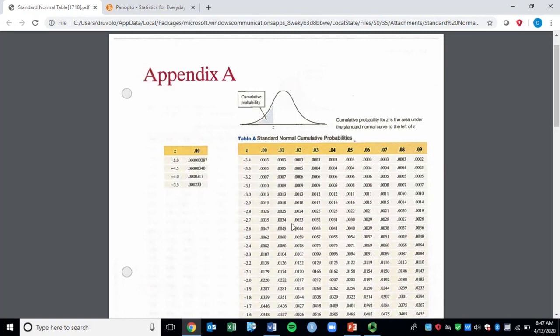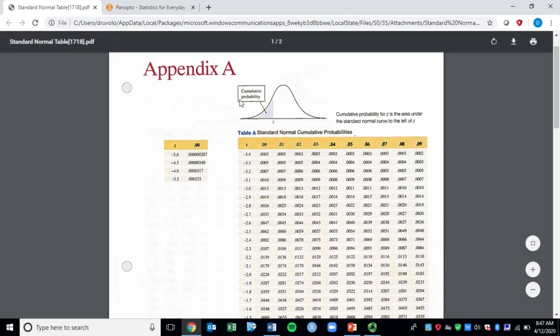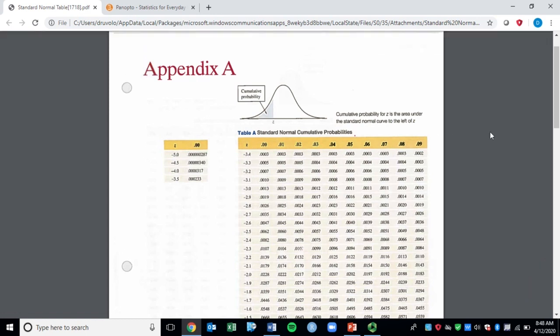So let's assume that you have this printed out, and you can easily see this in front of you now. Let's break apart this table. What exactly is it telling us? First of all, notice, with the big Appendix A, that you have these values that are negative, and right here it says Z. So the Z-scores on this page are negative.